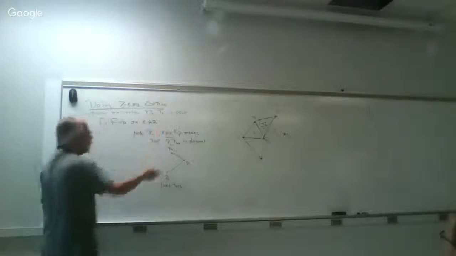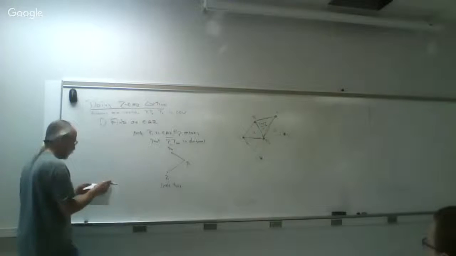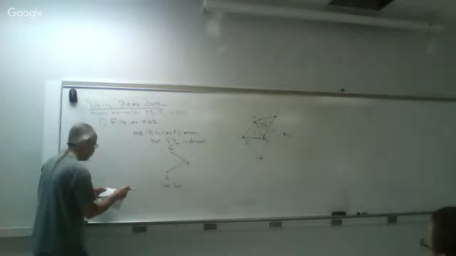If I had them in clockwise order, it would mean a right turn. But basically, it means that Pi is a convex vertex.